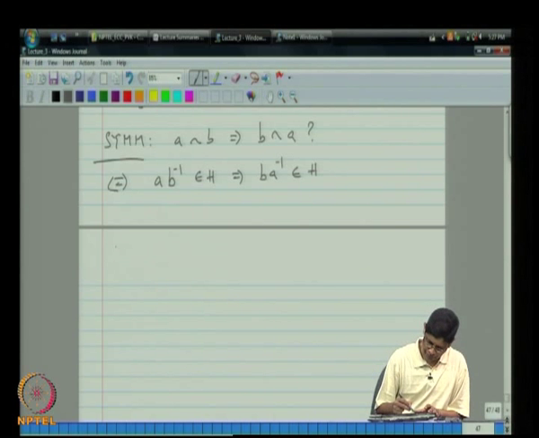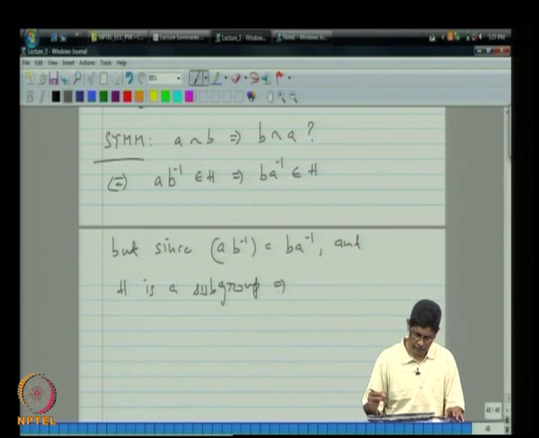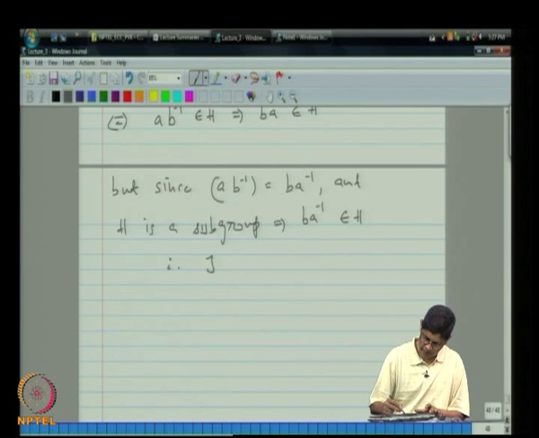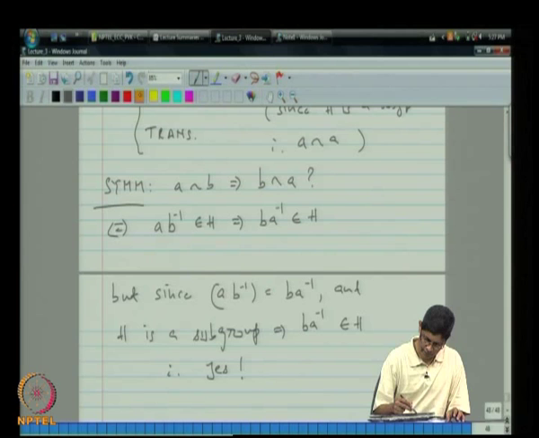But this is true, since B A inverse is the inverse of A B inverse and H is a subgroup, this implies that B A inverse belongs to H. Therefore, yes, the symmetry property holds, right.